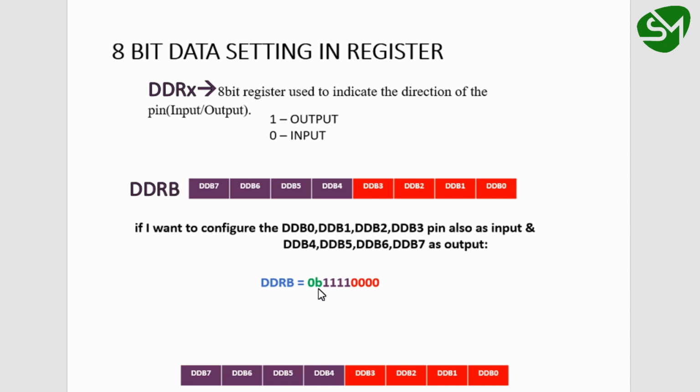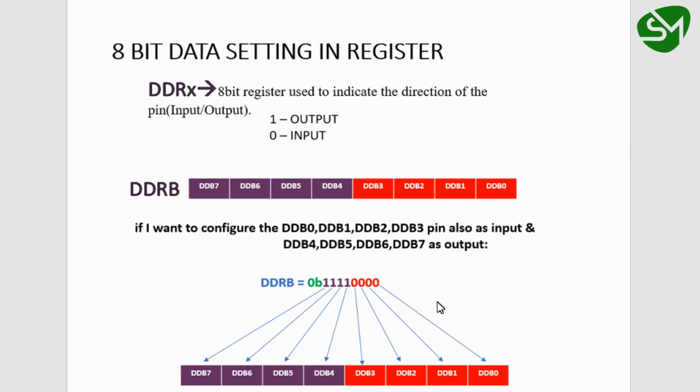So this 0B is representing that we are providing binary data, and these 8 bits correspond to the respective bits. That is, the first bit is set to DDB7, that is the 7th bit of the register, and the next bit is set to 6th bit, and 5th, 4th, 3, 2, 1 and 0. So from the left, the bits will be set from 7th bit to 0th bit on the right. So in this order, the bits will be set.